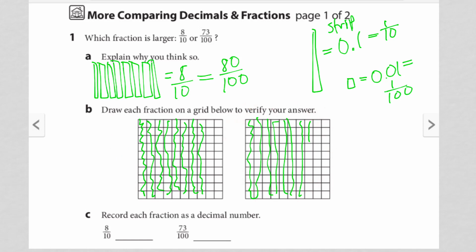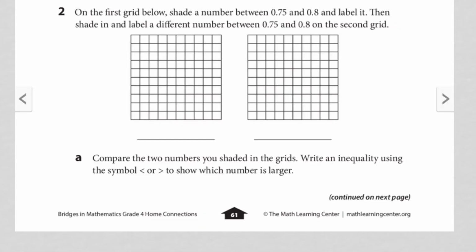So at the bottom it asks us to write an actual decimal, and so we're going to say 0.8. We could leave it like that, or I could put the 0 on the end to say 0.80, and then we're going to write 0.73. Hopefully that'll help students understand that 80 is bigger than 73. Number 2, it says it has to be bigger than 0.75 but less than 8/10.